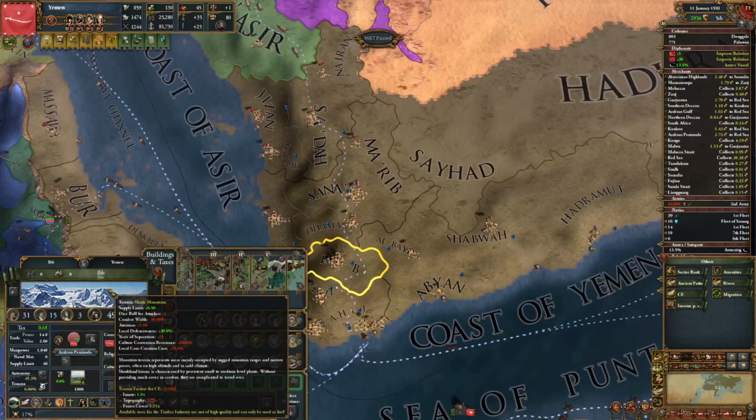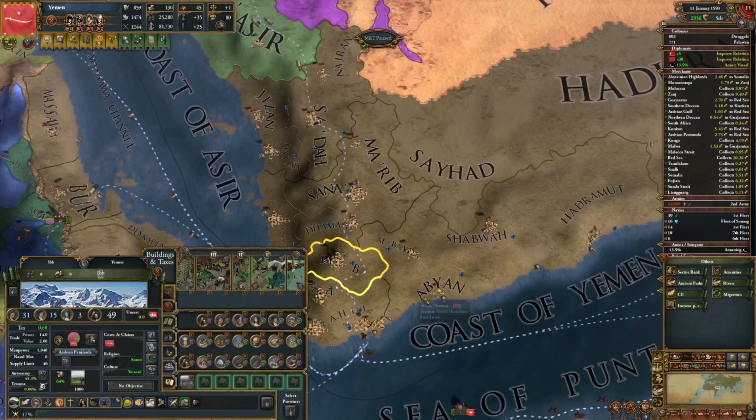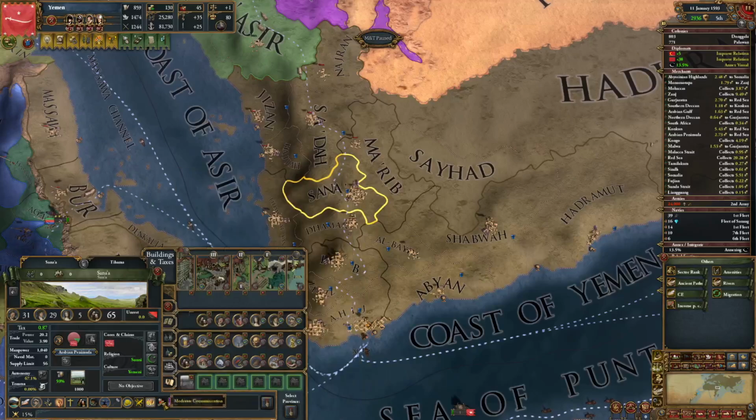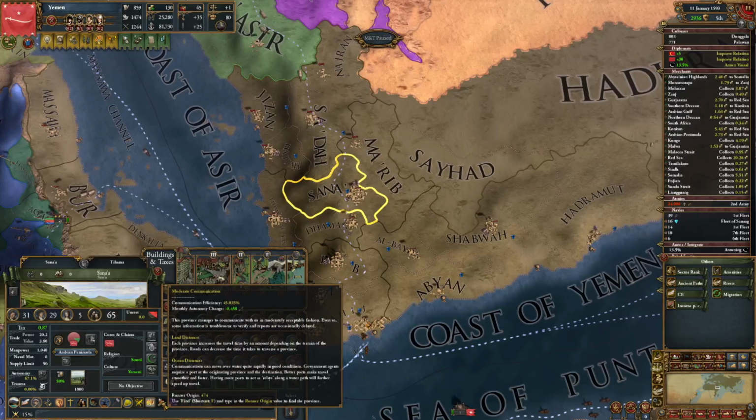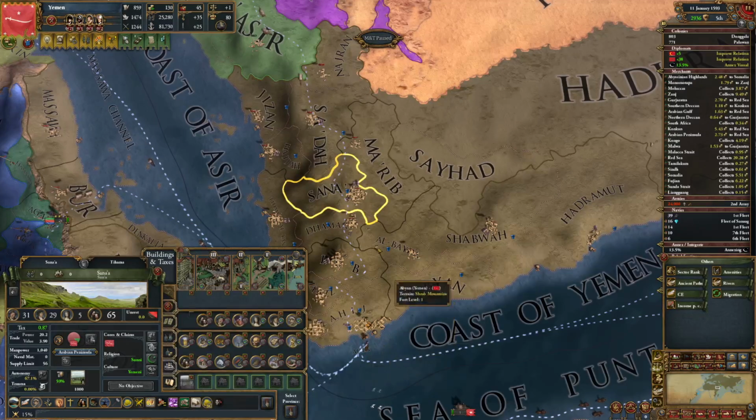Let's call him the envoy who's traveling here, will get slower in this province. And therefore, if it's all mountains in here, the communication is extremely slow, and therefore your efficiency is dropping down significantly towards Sana as well, and so on.